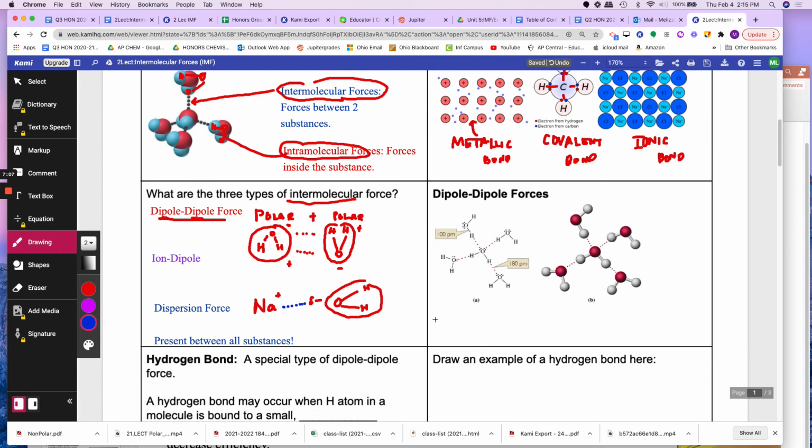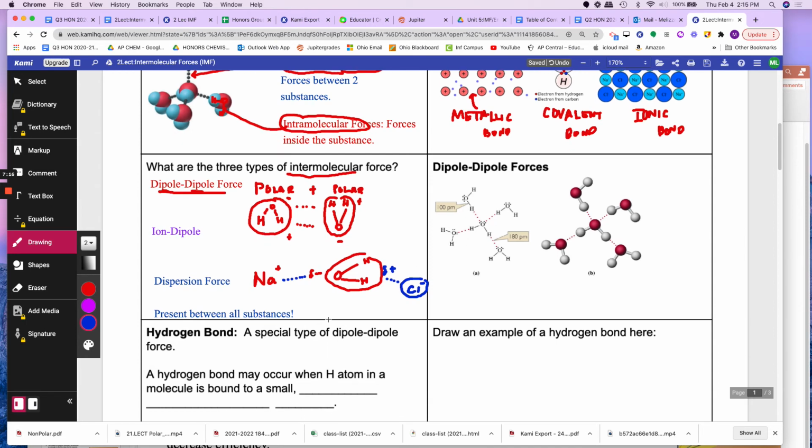The same is true with the Cl minus, where the partial positive H will pull it away from the crystal lattice, dissolving that as well.